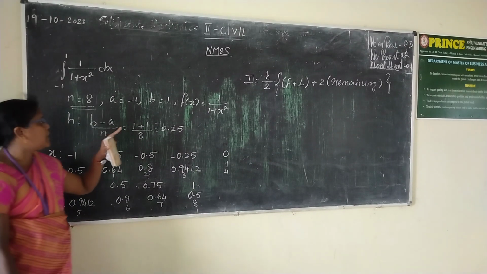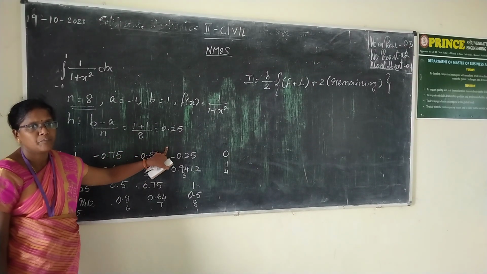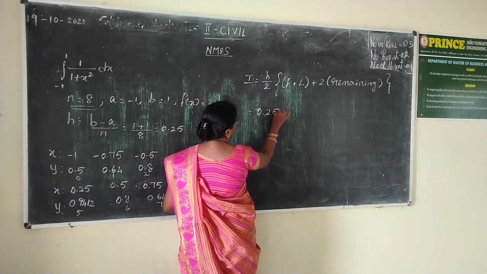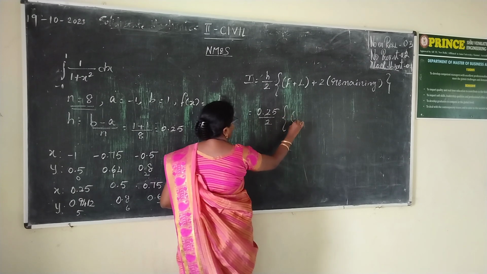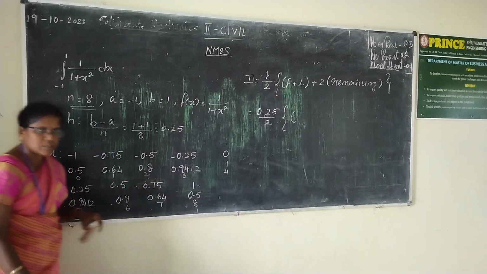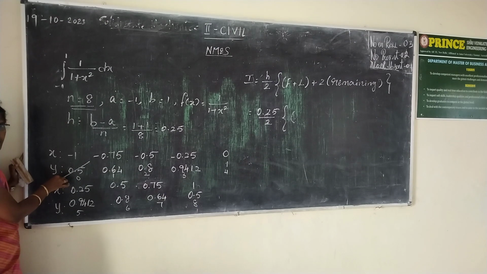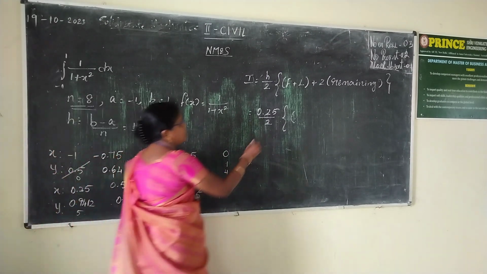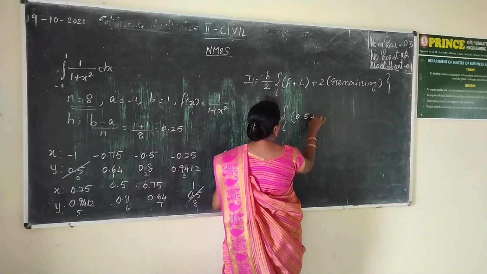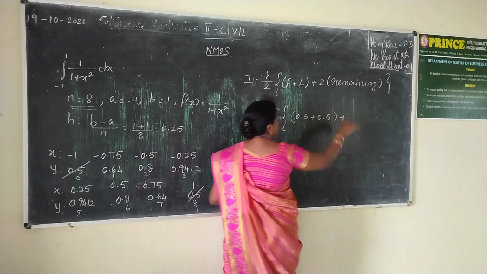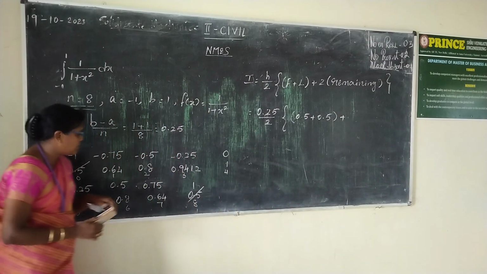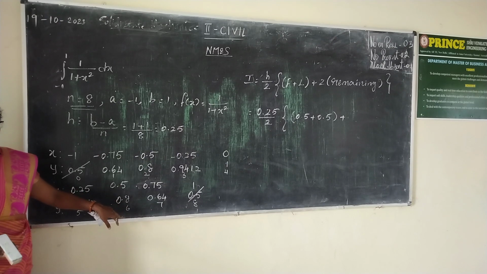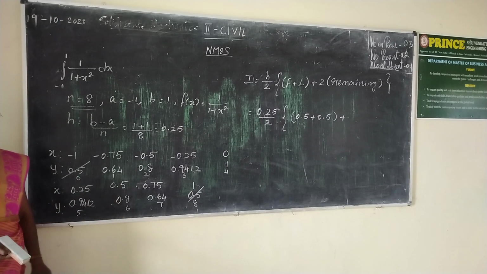So what is the formula? h by 2. What is the h value? 0.25. So 0.25 by 2 into the first and last terms. First y value is 0.5. Last y value is 0.5. So first and last will be 0.5 plus 0.5. While solving the problem, we strike out the used values with a pencil, so that we don't take them again. This way you can avoid mistakes in the exam.